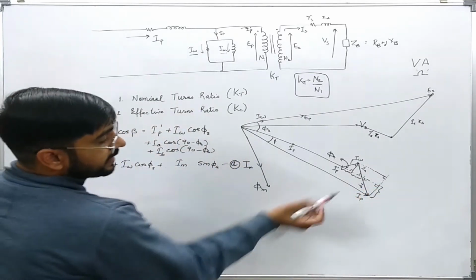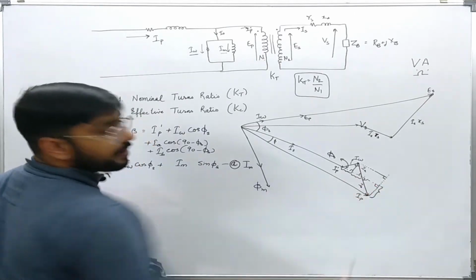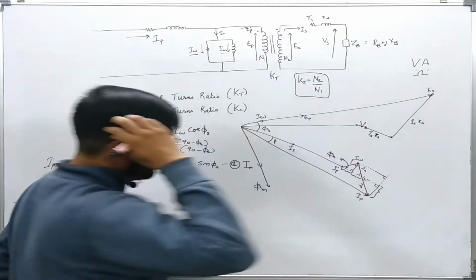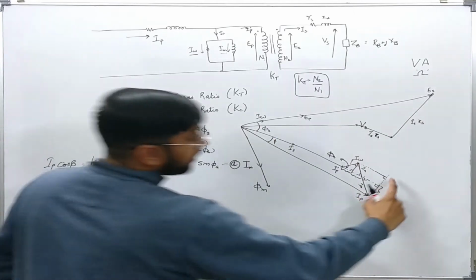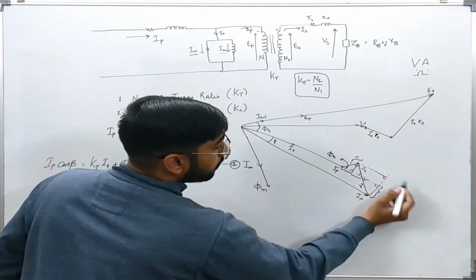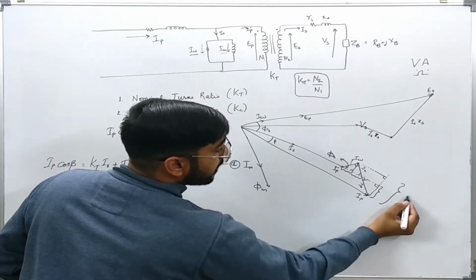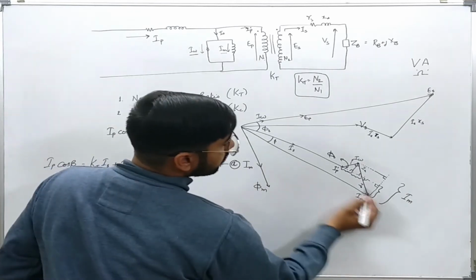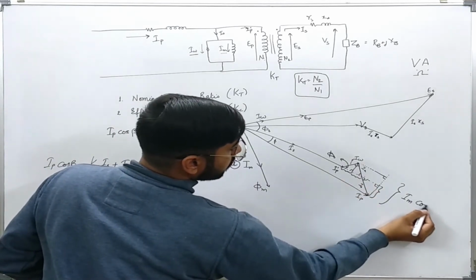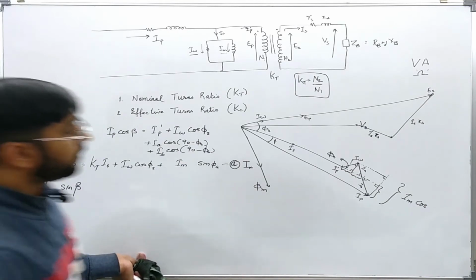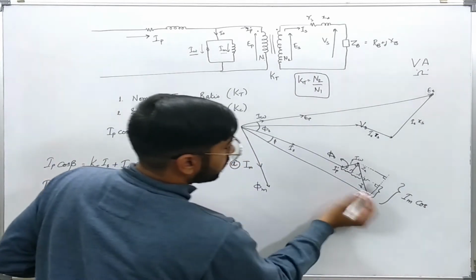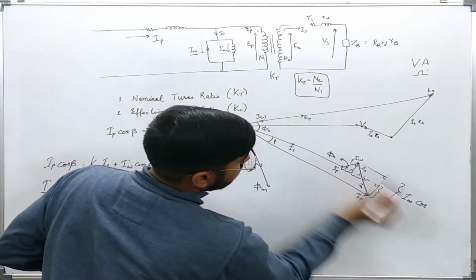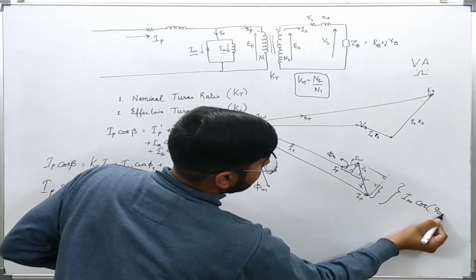Now you can see this line and this line are parallel, so this thing is equal to this thing. Now we know that this total part is equal to IM cos 90 minus phi s.